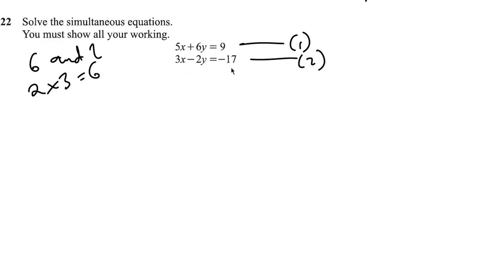So we could multiply equation 2 by 3 so that we could get the 6y to cancel out. If you multiply 3x by 3, it's going to be 9x. Then negative 2y times 3 is negative 6y. Negative 17 times 3 is negative 51. So let's call this equation 3.